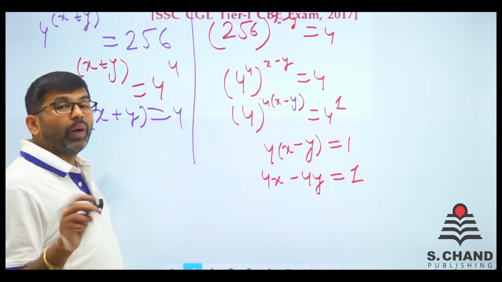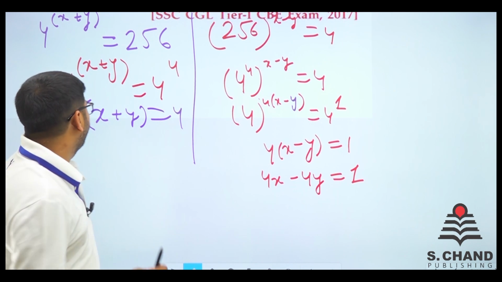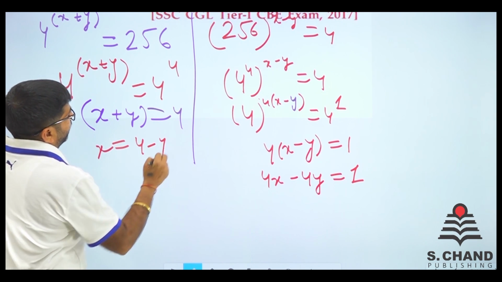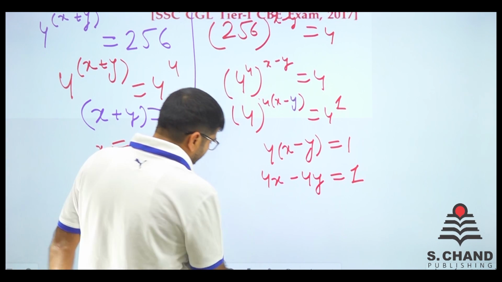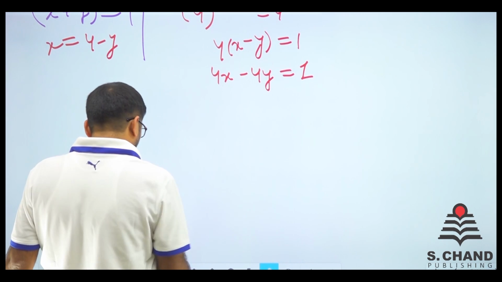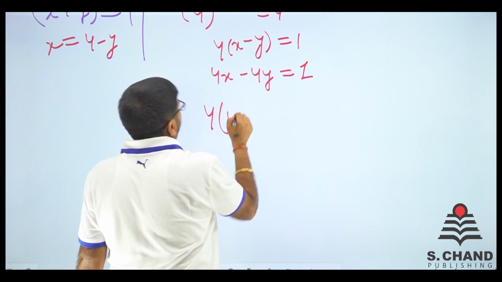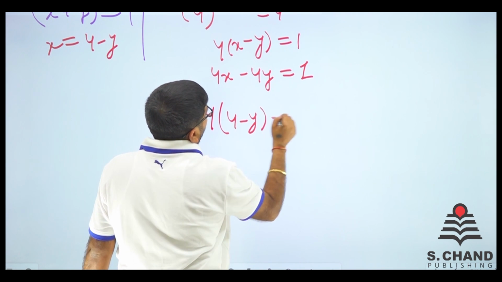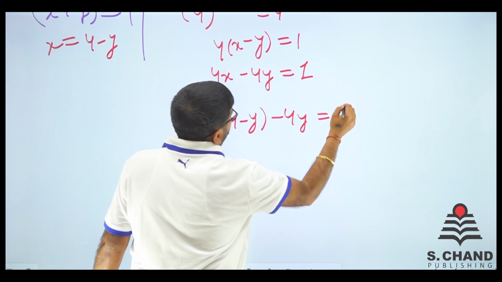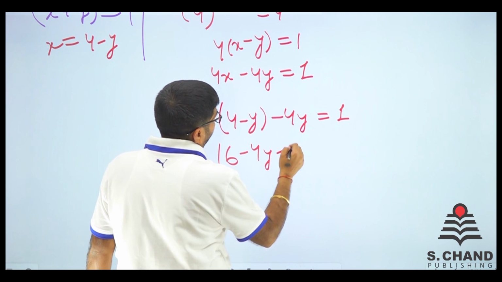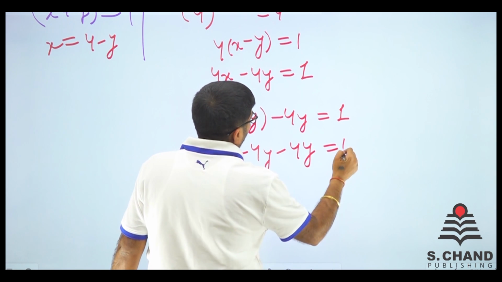So I put one by one the value of x and y. If you do that, x is equal to what? 4 minus y. So in a similar fashion, I put the value of x from here. So it comes 4 minus y, minus 4y is equal to 1. So 4 into 4, 16, minus 4y minus 4y is equal to 1.